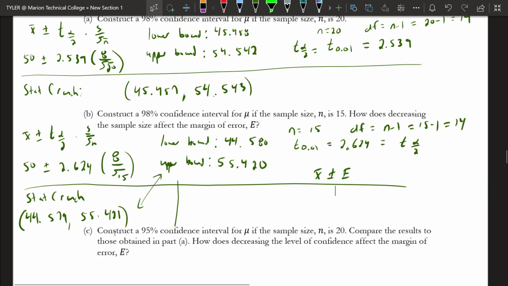So that means that E increased, because you're adding and subtracting a bigger number to make it wider. So decreasing n made E increase, and we know that because the confidence interval is wider.